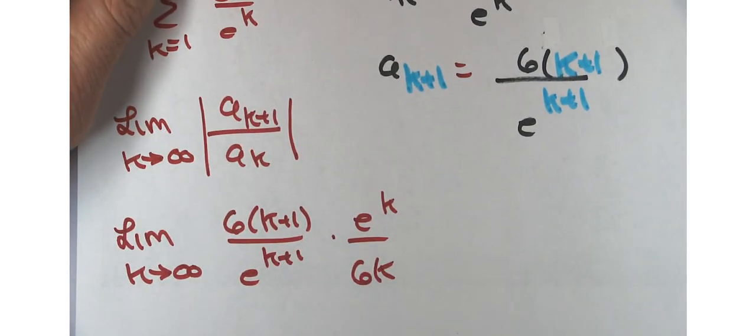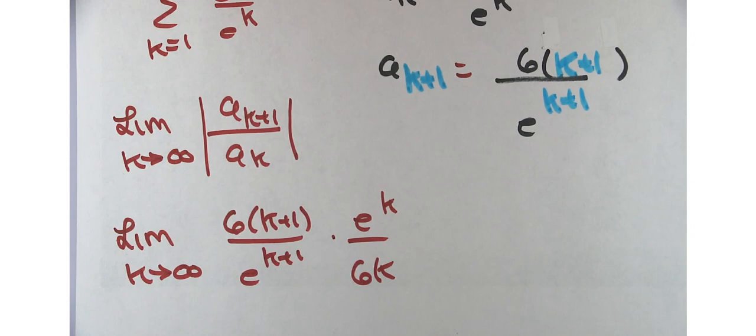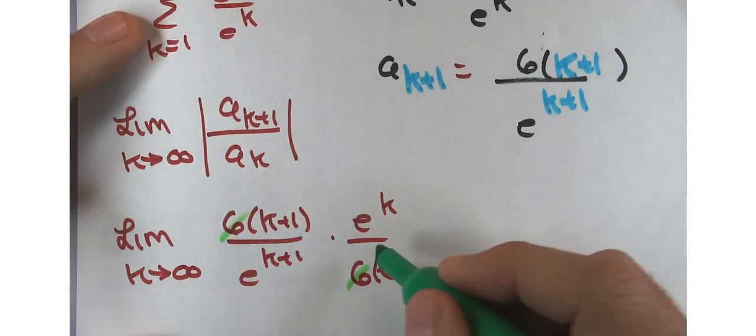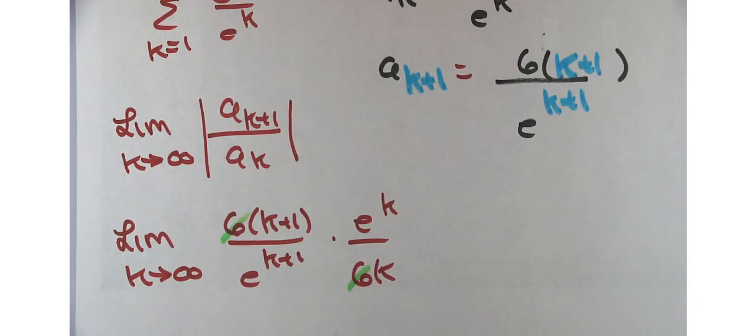All right. Lots of simplification here. Let's see if we can figure out what some of these things simplify to. I think right away you can see some of the simplification. For instance, the 6's disappear real quickly. What else can disappear? E to the k.